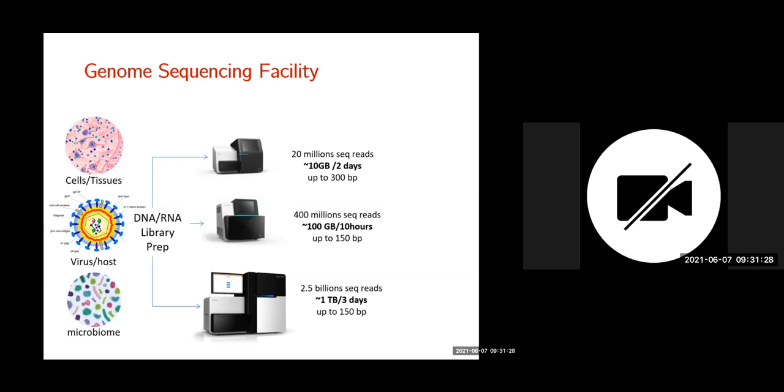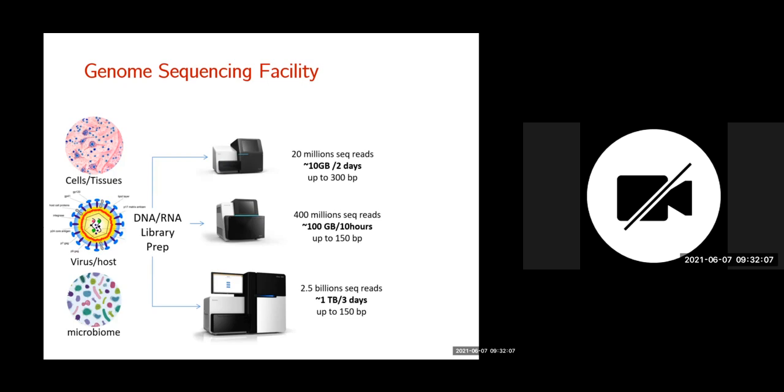So for example, if we take a sample from you and submit it to this machine, the machine will be able to output the specific nucleotide sequences of you. The throughput of this type of machine is really enormous. Here's one example where it produced about 2.5 billion sequence reads in 3 days.